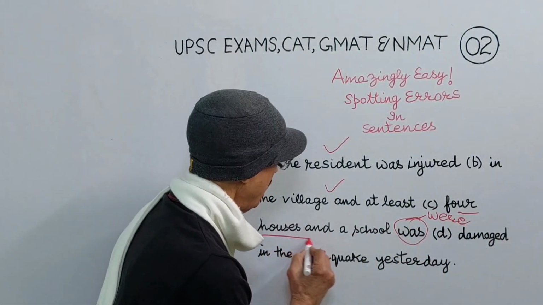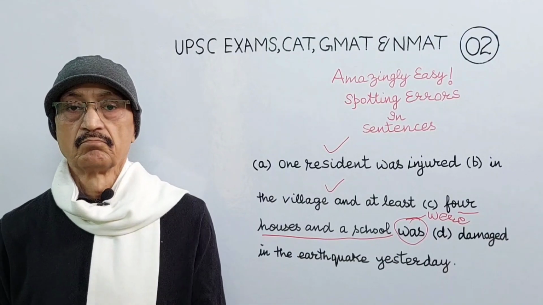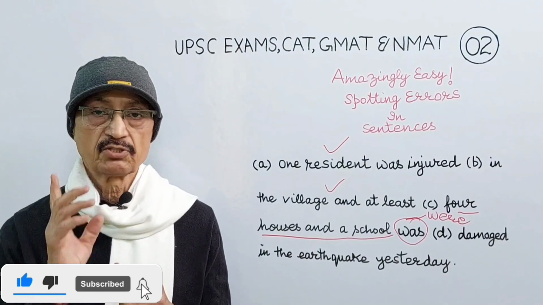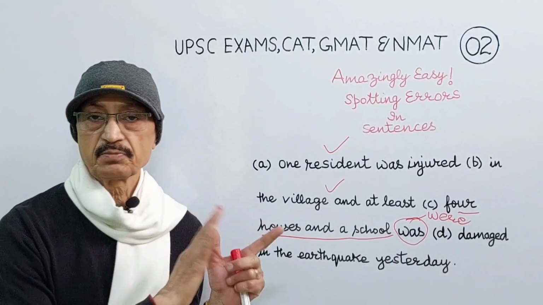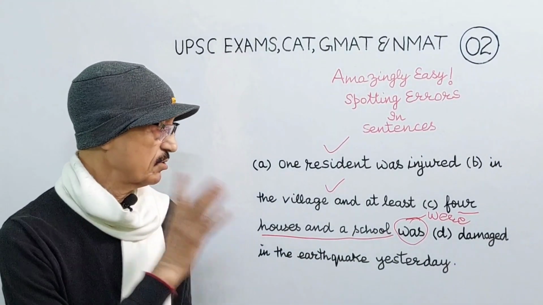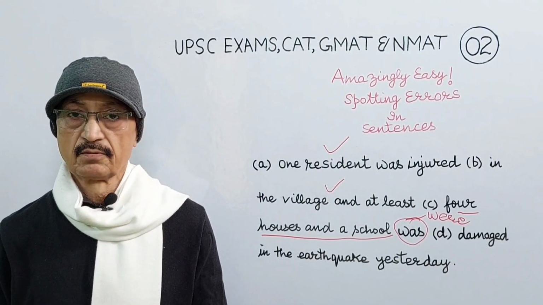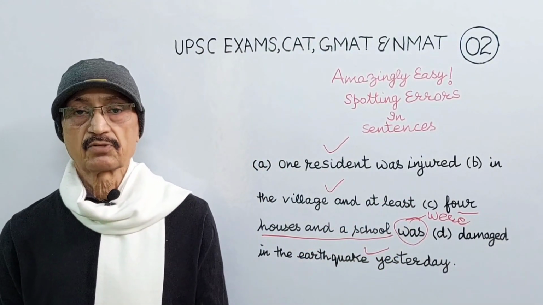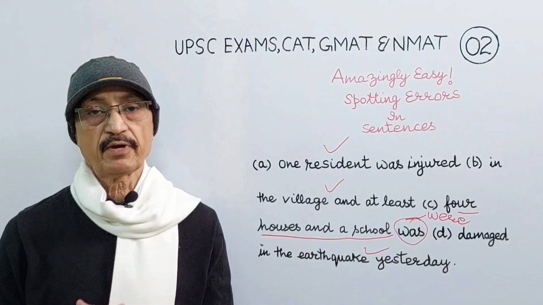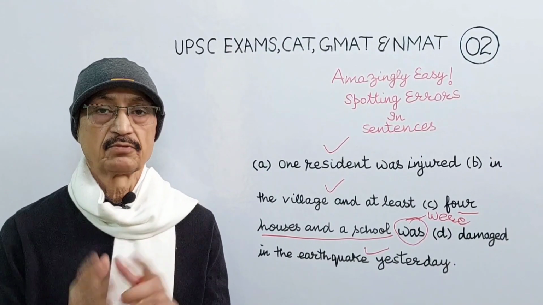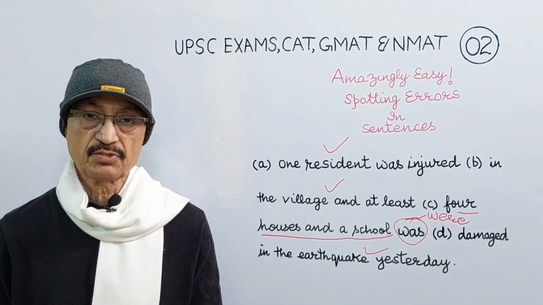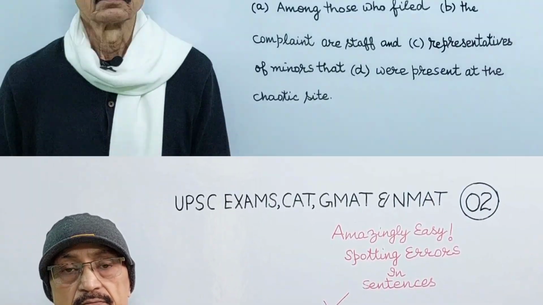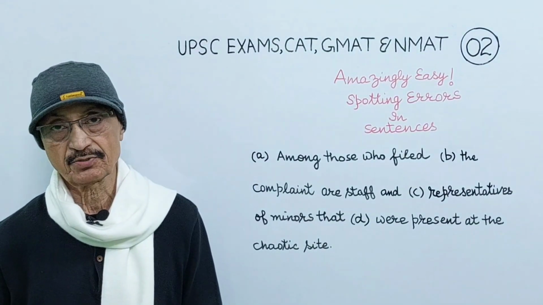Because two nouns are joined by a conjunction and. So, the subject is plural, you will take were, not was. D part is correct, damaged in the earthquake yesterday. So, this is the way you must try to check each part of the given sentence to spot an error present there.